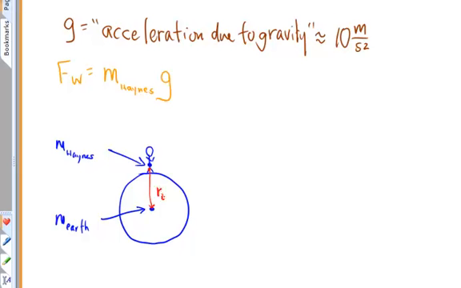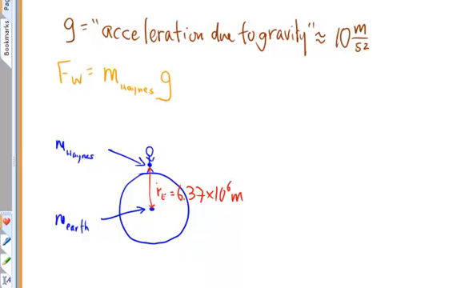In fact, if you look on Roman numeral page 17 of your textbook, you're going to see that there's a table there that says Planetary Data, and the radius of the Earth there is given as 6.37 times 10 to the 6 meters. That's roughly 6,370 kilometers.